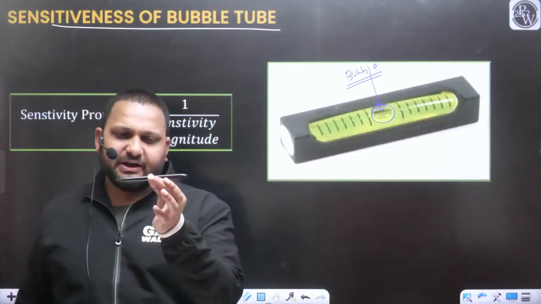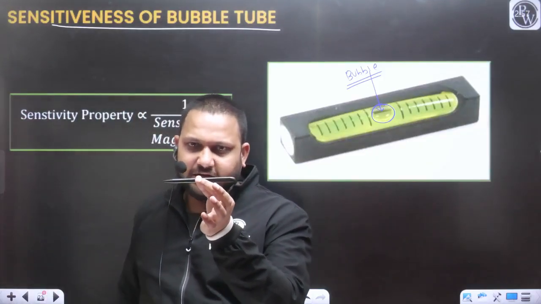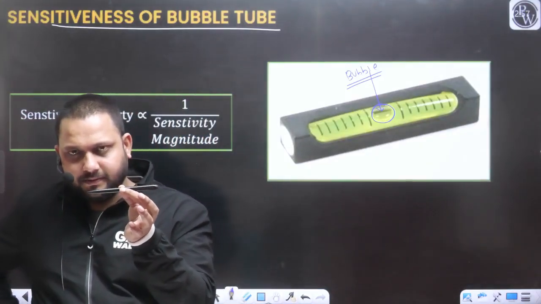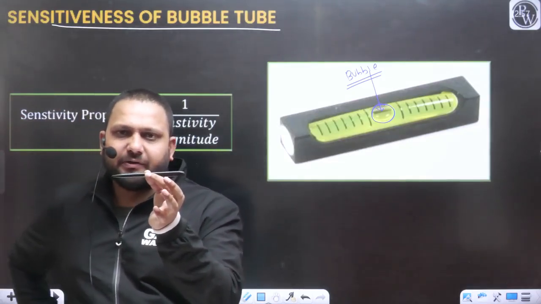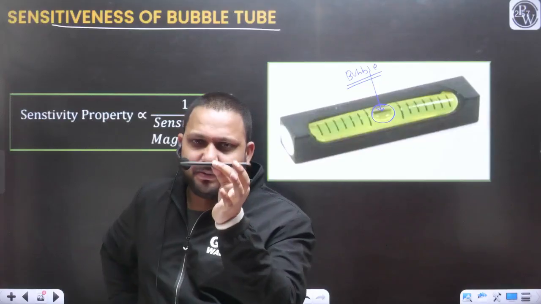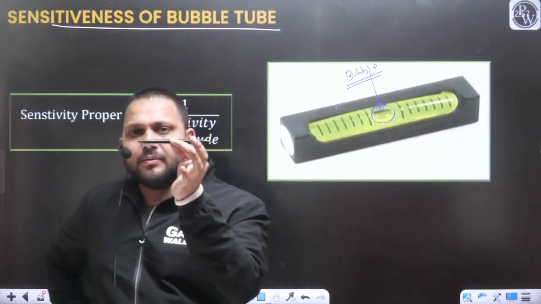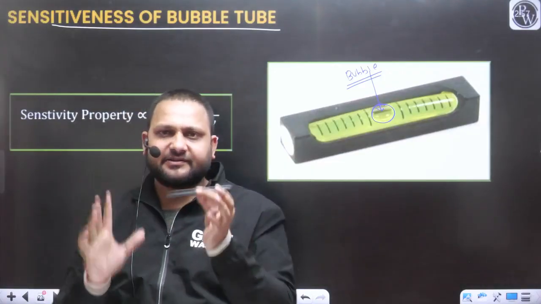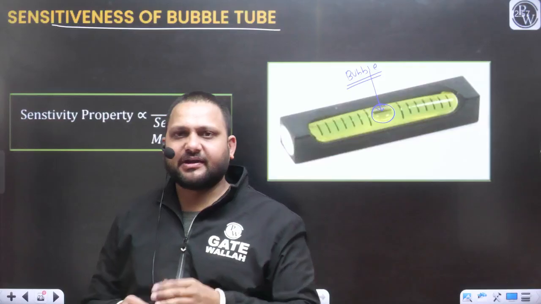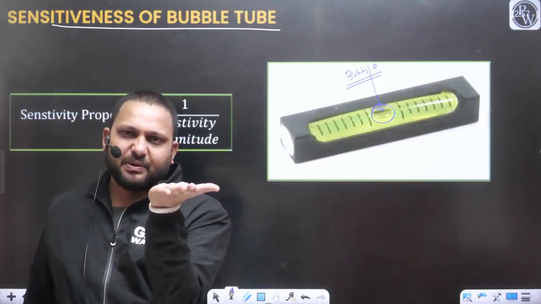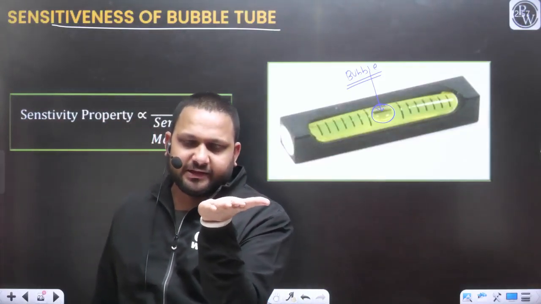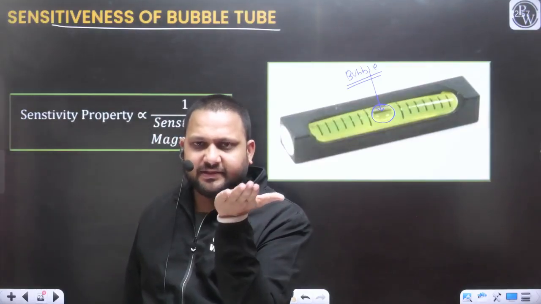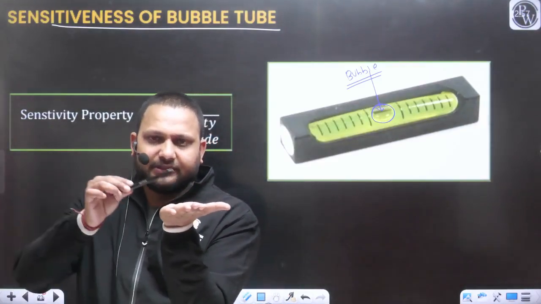If this level tube, this bubble tube, is leveled about both the axes, x axis and y axis, that means we are considering a plane that is perfectly leveled about both axes.